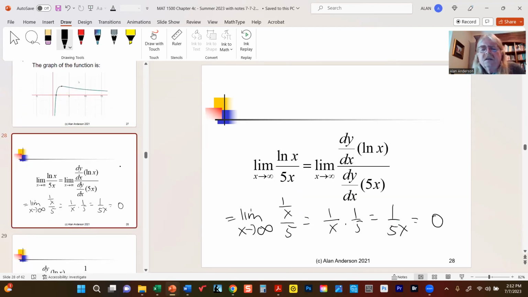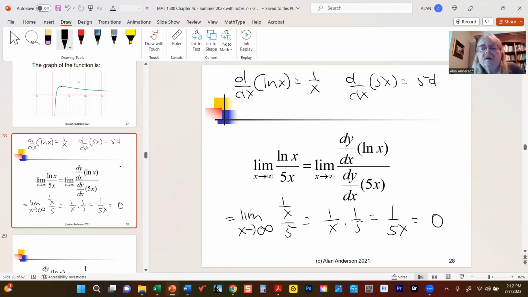So if you recall, the derivative of log x is very simply 1 over x. The derivative of 5x, you can rewrite that as 5 times the derivative of x. It's just 5.